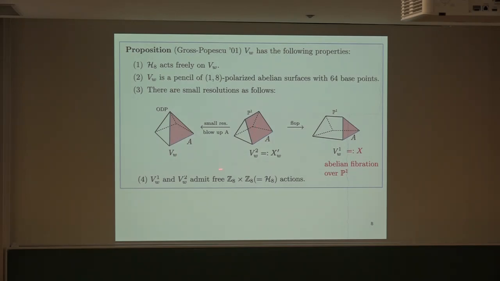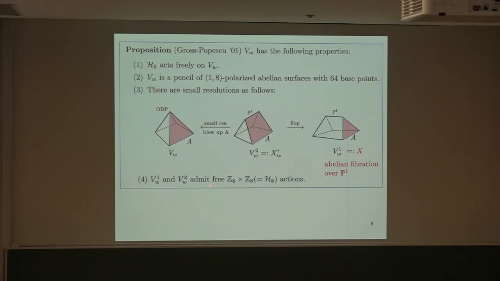So we started from the singular complete intersection, with singularities being 64 ODP. They're growing up like this. We have the smooth Calabi-Yau, and then after the blow-up, we have another smooth Calabi-Yau, which has an abelian fibration. That's a very interesting Calabi-Yau.